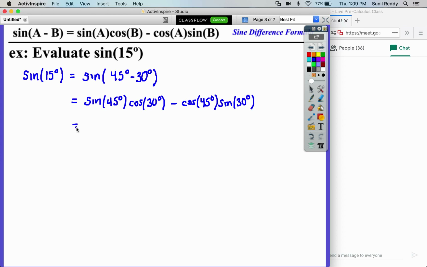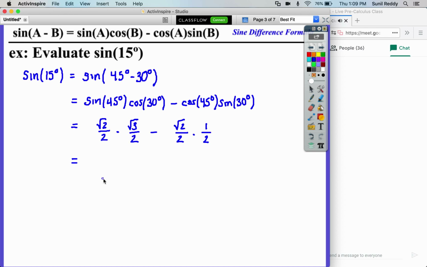And now we have four terms that we can evaluate because we know what the sine and cosine of 30 and 45 degrees is. So sine of 45 is root 2 over 2, times cosine of 30 degrees, which is root 3 over 2, minus cosine of 45, which is root 2 over 2, and sine of 30 degrees is 1/2.